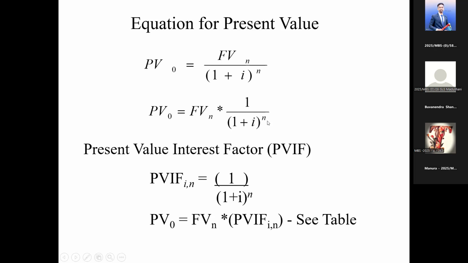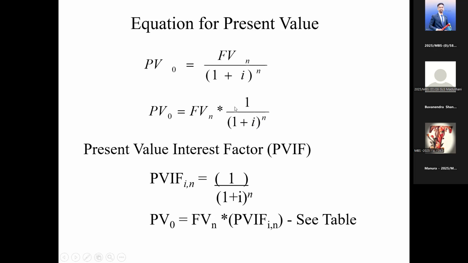So you can check the table as well. As I showed, there is a present value interest factor table. That is the term I put here. The present value interest factor table explains, at a particular interest rate with the number of periods, what today's present value factor is. So you can use the table or you can use this equation.